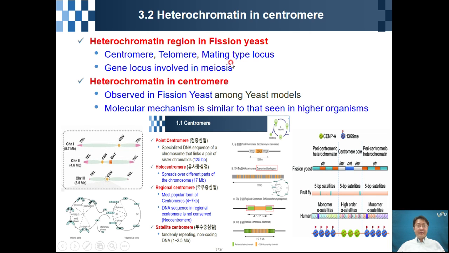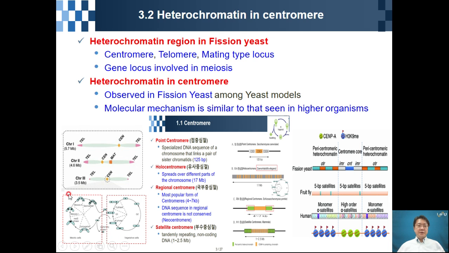The life cycle of the fission yeast is composed of a diploid status and a haploid status, and most of their life cycle is in the haploid status. This is because the gene loci involved in meiosis are located within the heterochromatin region.